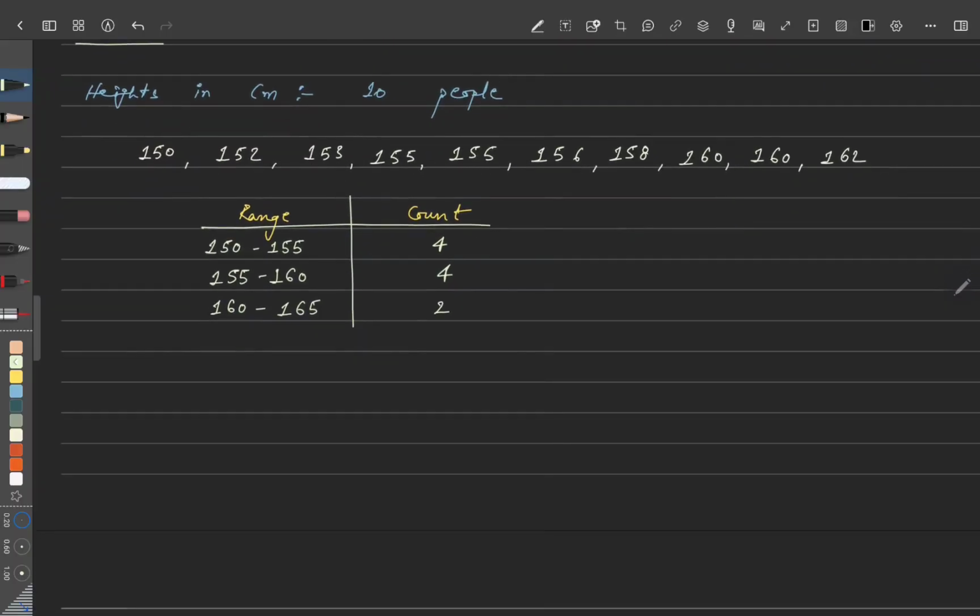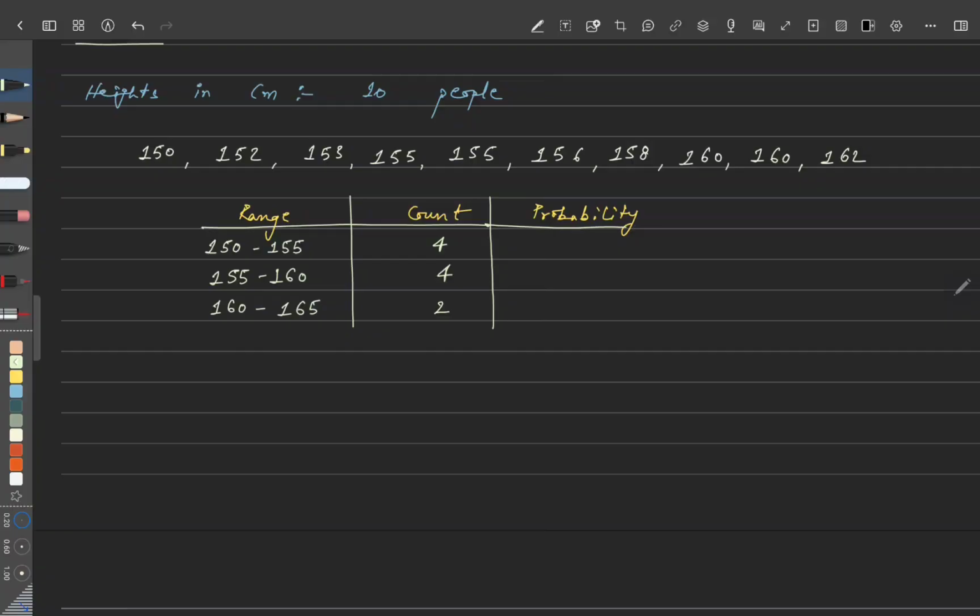Now let us convert counts into probabilities, or proportions, whatever, it's the same thing. Let us do this in the very same table. So we have probability as well. Let us draw a line here and write our calculations.